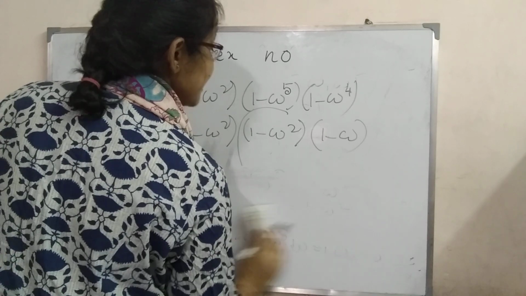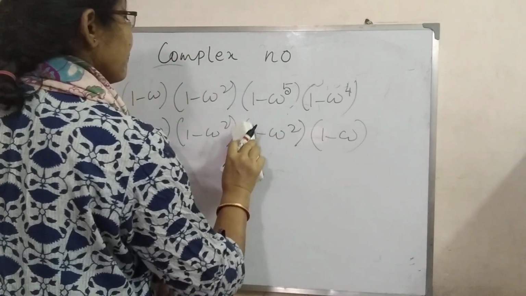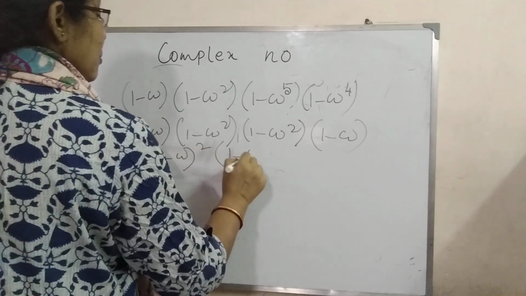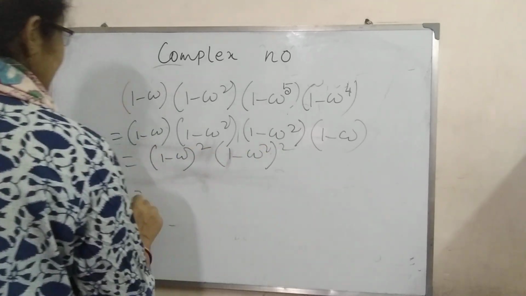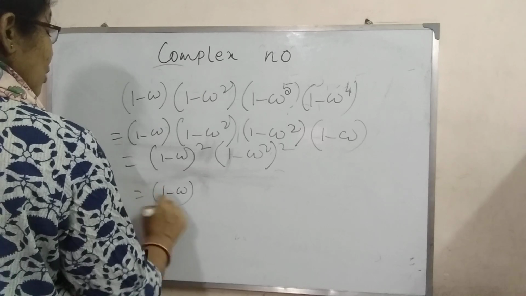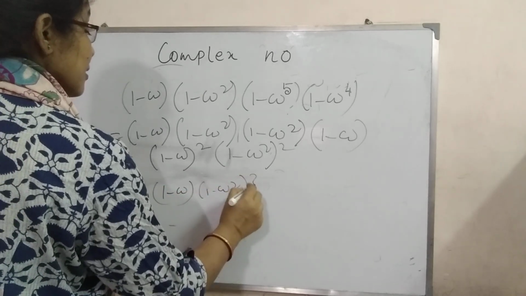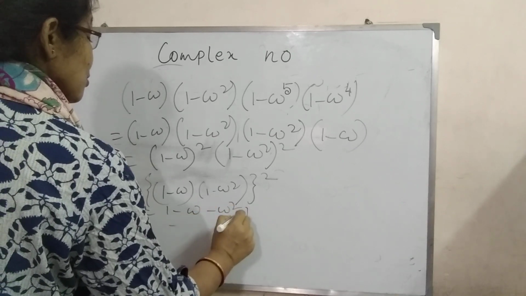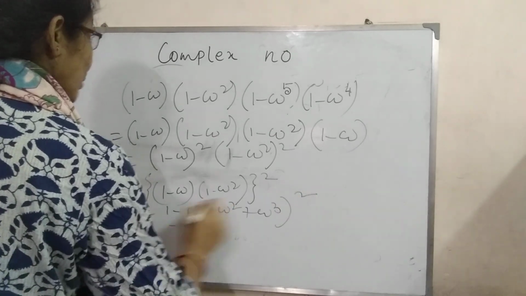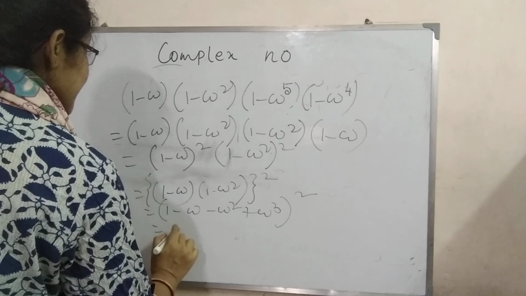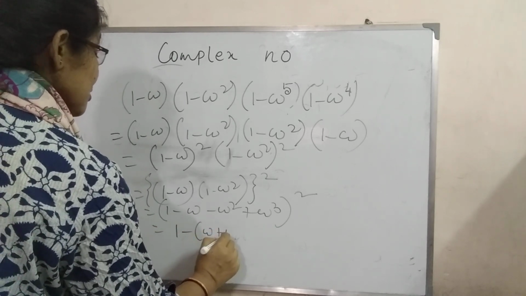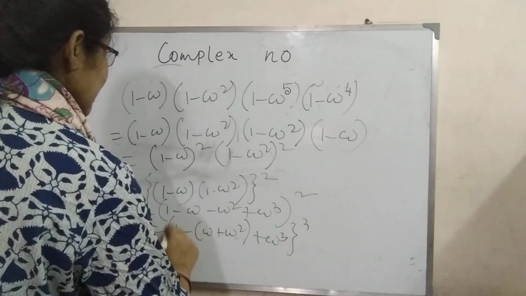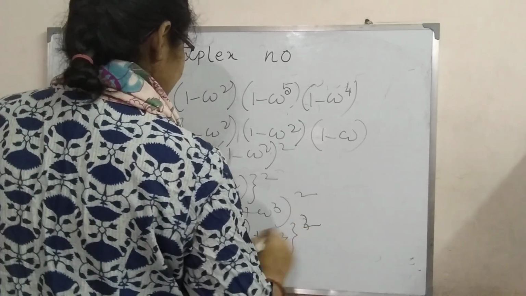So I can write it in this way: (1 minus omega)(1 minus omega square)(1 minus omega square)(1 minus omega), that is ((1 minus omega)(1 minus omega square)) whole square. This is equal to (1 minus omega minus omega square plus omega cube) square.